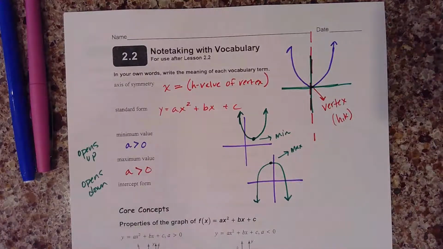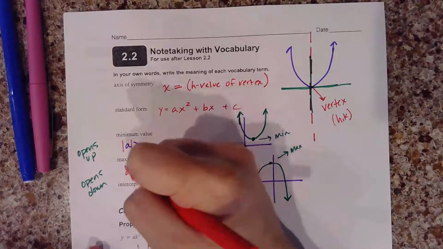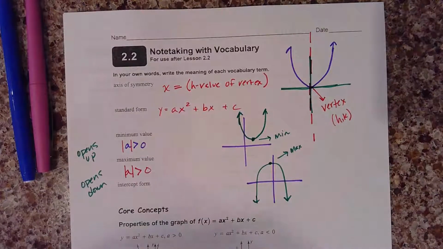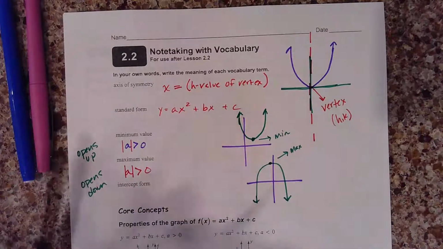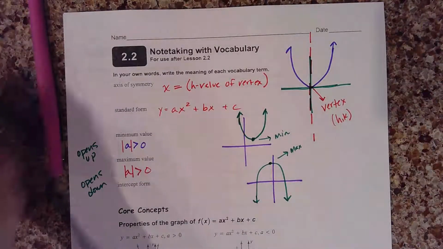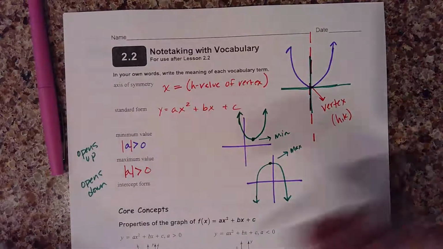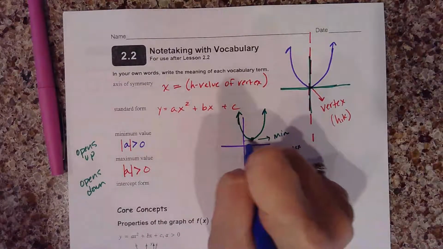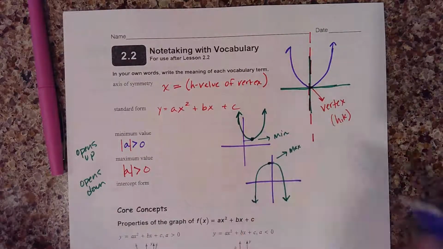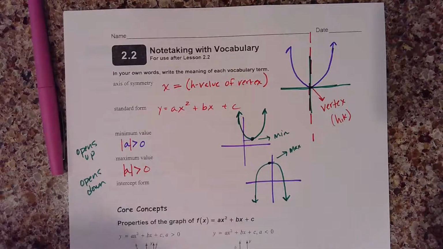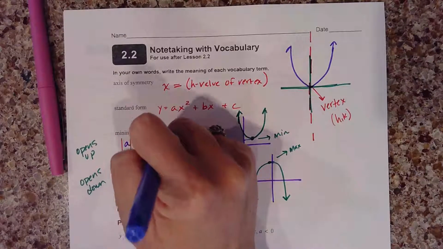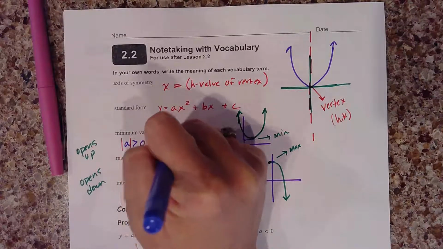All right, so we're referring to the absolute value of a here. I should probably put that in there. When I ask you for the minimum value, what I'm referring to here is basically the distance on the y-axis. So I'm asking how high up is your parabola, or how far down, I guess you could say. An easy way of remembering this is, it's the y value of your vertex.